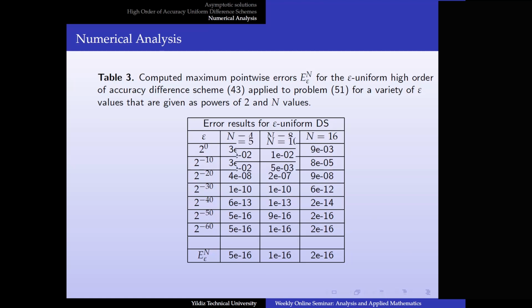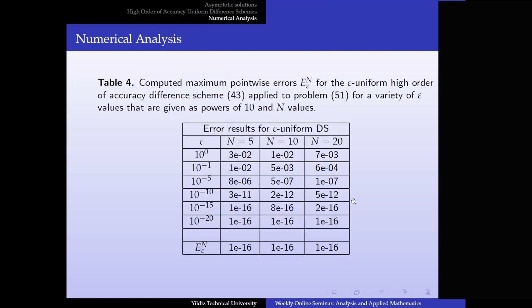And another table for the same difference schemes, this time I take a variety of epsilon values that are given as powers of 10 and for different n values. In this table, error results for epsilon uniform difference schemes are presented.